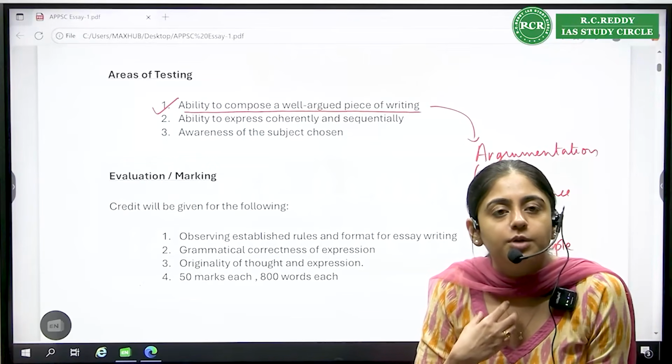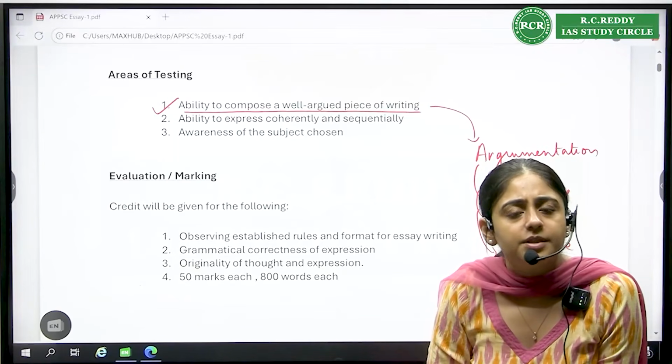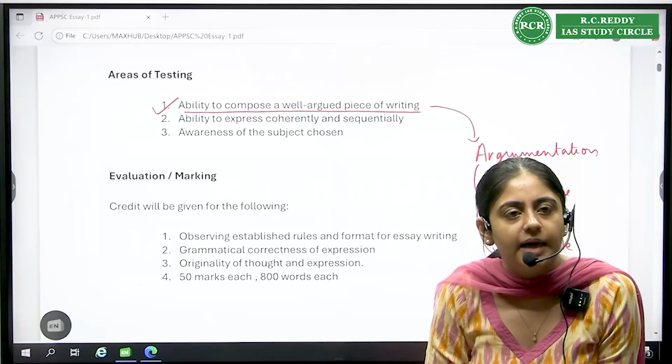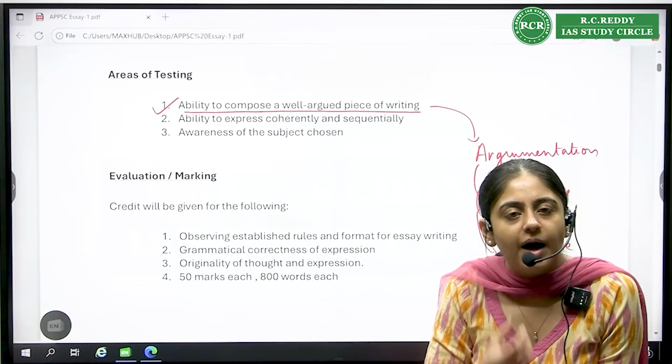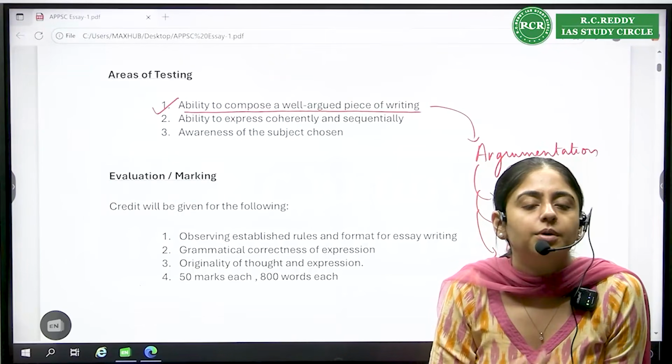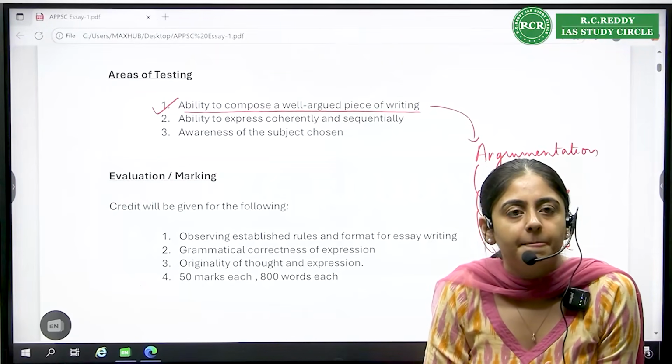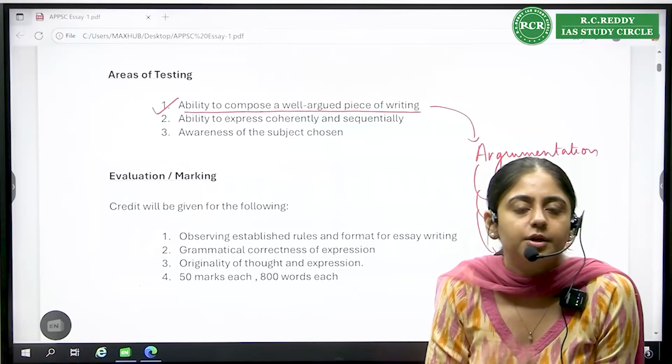Now, to argue this point, you need data. Otherwise, you keep on shouting, no, women are killed, more men are. Where is the data? I need data. If you have data with you, you can argue your point. Or if you have an example, you can argue it. We need to validate the argument which we are giving.